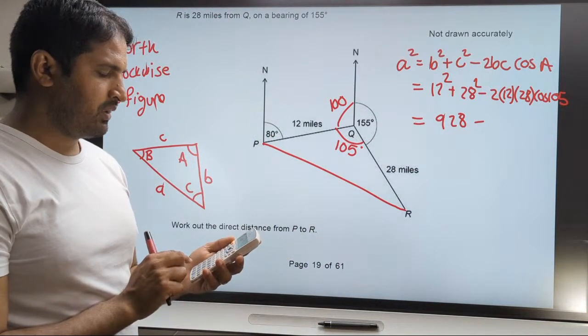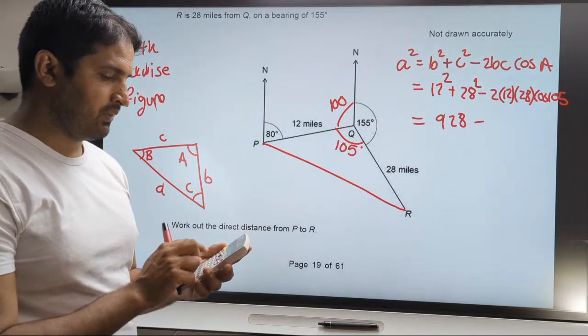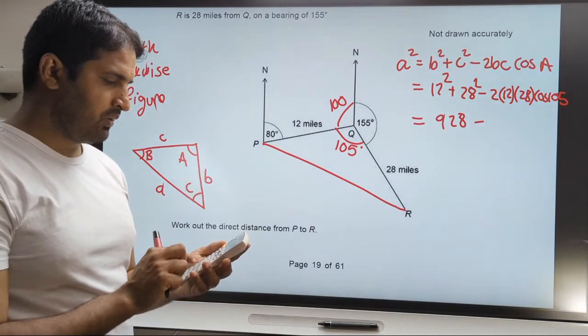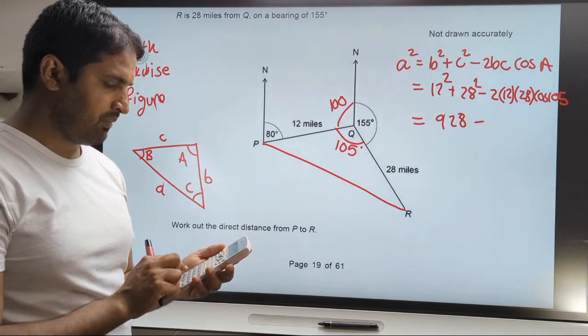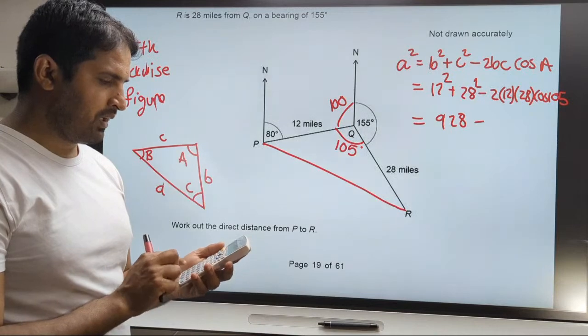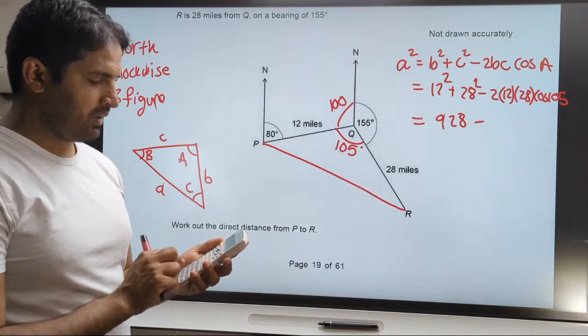2 times, I'm going to use brackets here now, because if I don't use brackets, I'll probably end up making mistakes. 2 times 12 times 28.